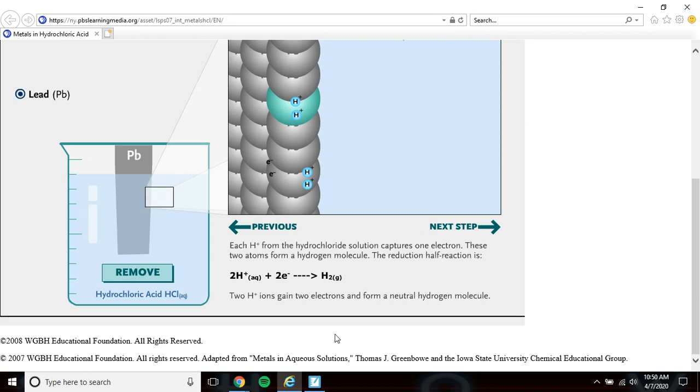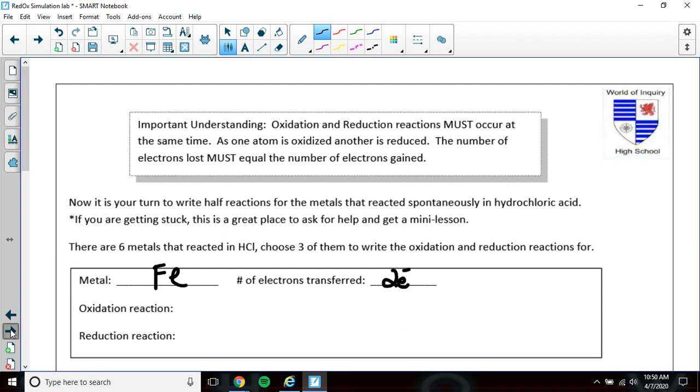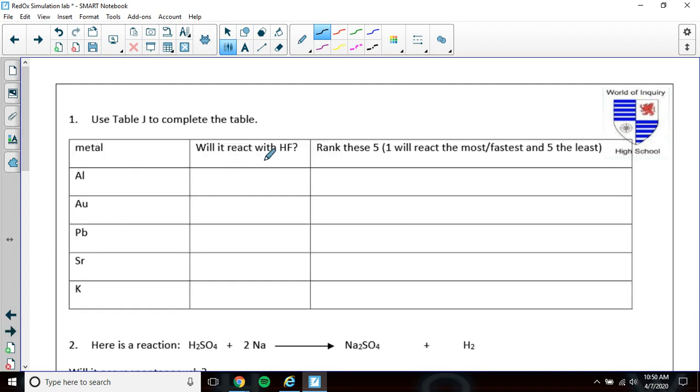I'm going to flip to it now because I'm on to the next page. This is where Al would be like this. So it would go Al plus HF goes to.